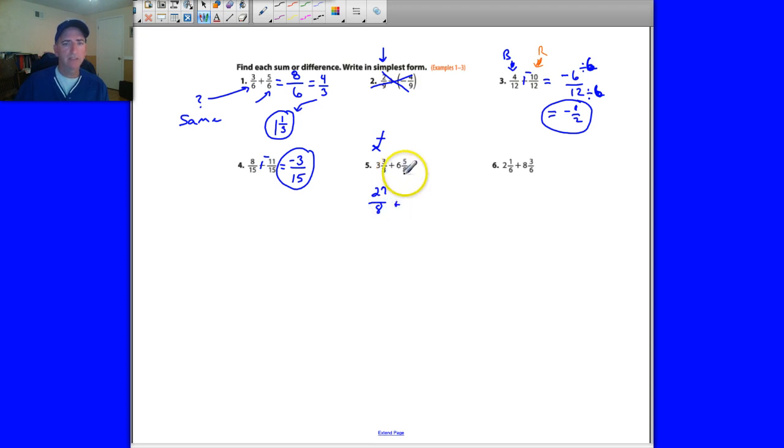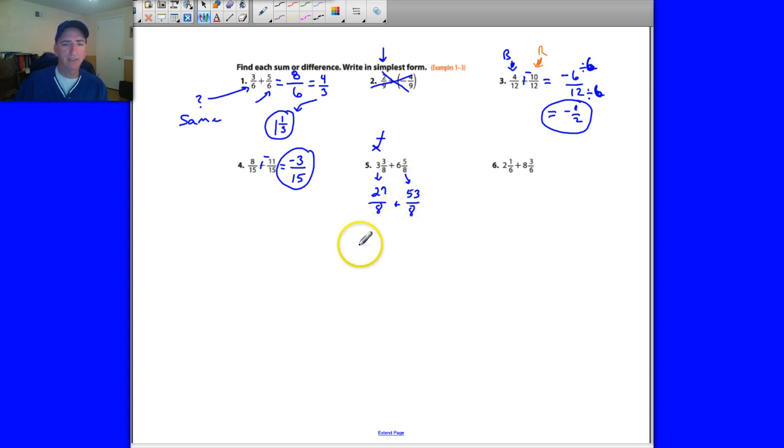Plus 6 times 8 is 48, but once you add the 5, it ends up at 53. 53 eighths. Okay, so again, 3 and 3/8 became that. 6 and 5/8 became that.